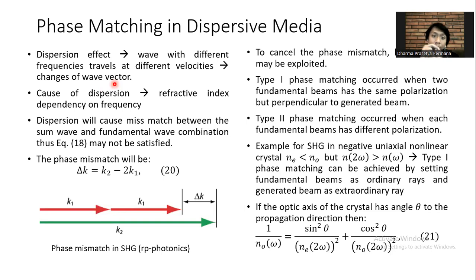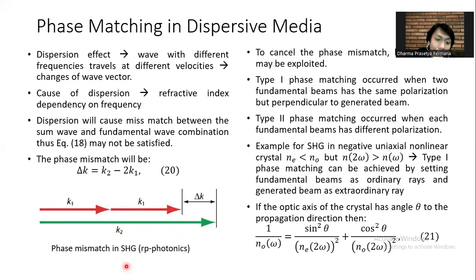This dispersion effect will cause a mismatch between the generated wave from the nonlinear process and the fundamental waves that are interacting inside this material to generate the new ones. This is an example of the phase mismatch in second harmonic generation.